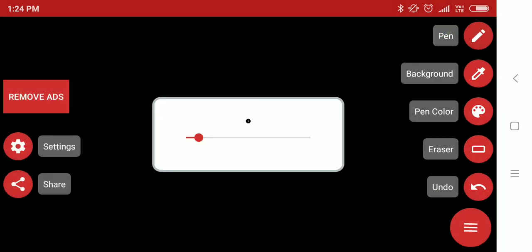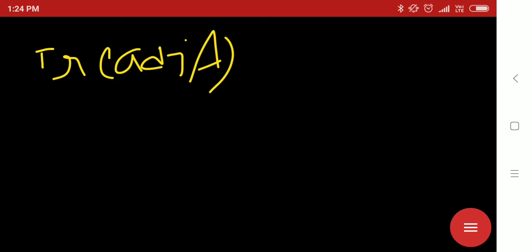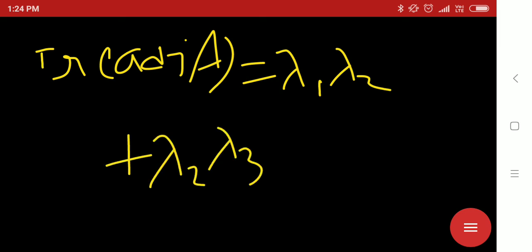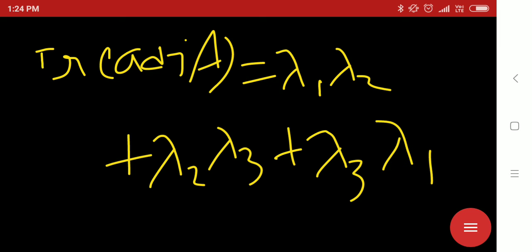Method 1: trace of adjoint of A equals lambda 1 lambda 2 plus lambda 2 lambda 3 plus lambda 3 lambda 1. First method.